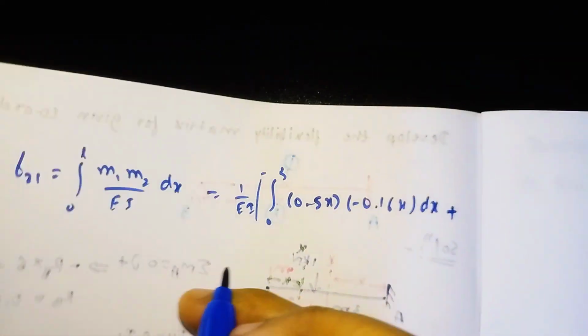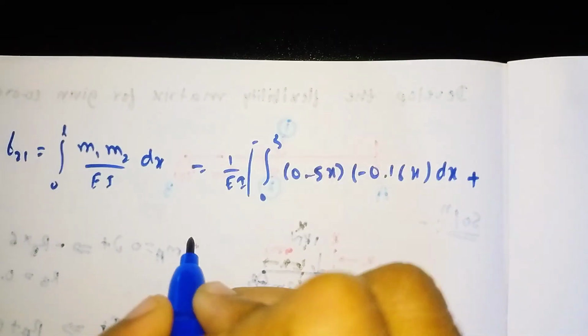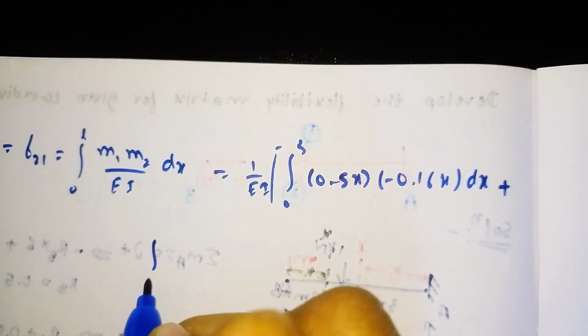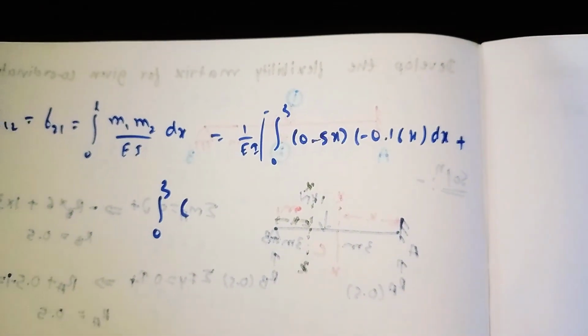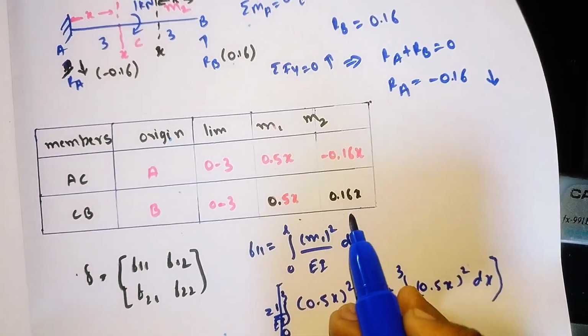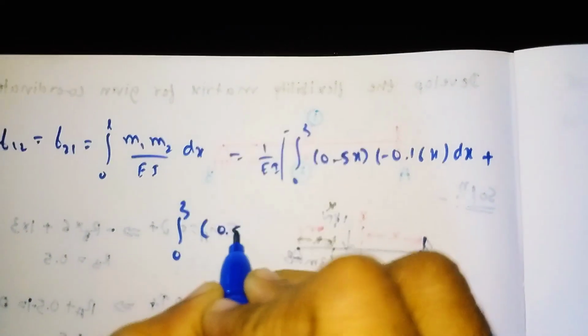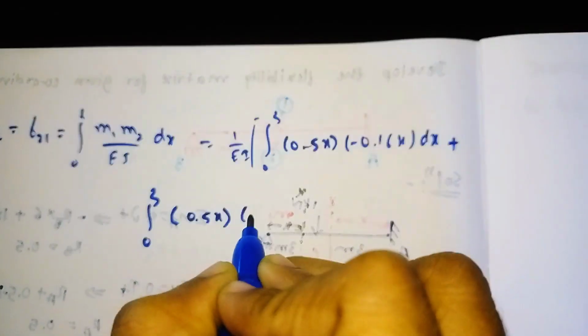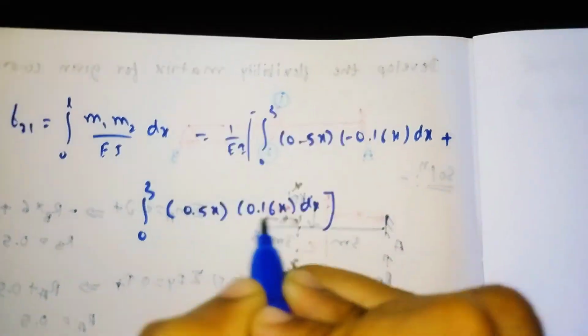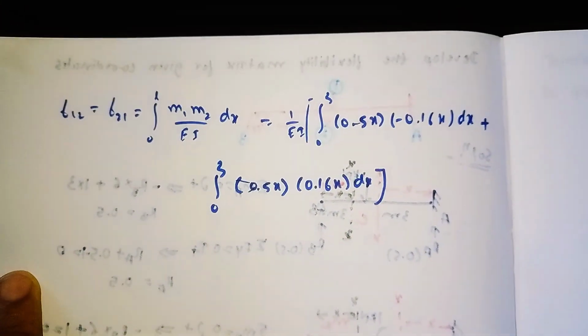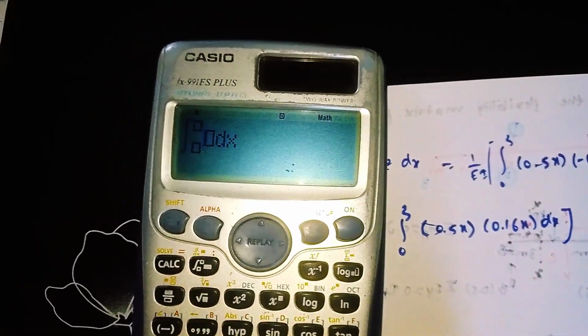Similarly for member CB we need to put the integration of 0 to 3, and the values for member CB are 0.5x into 0.16x dx. So now solve it by using the calculator.